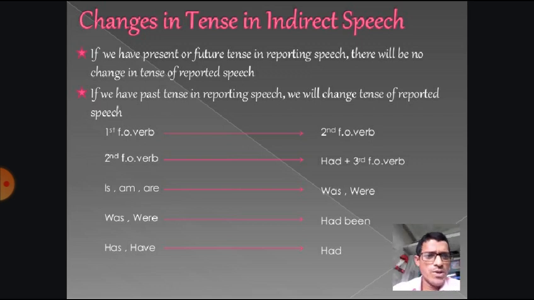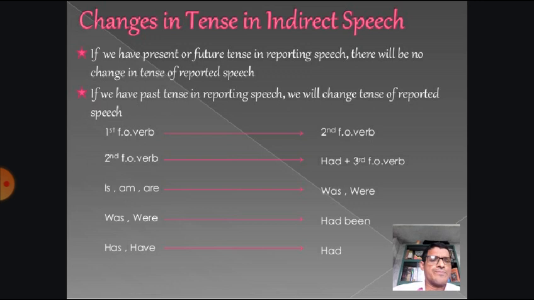I hope you are very aware about the tense use of indirect speech. However, I will again try to make it clear through one example. The example is: Palten says, comma, inverted comma, "I have won the match."